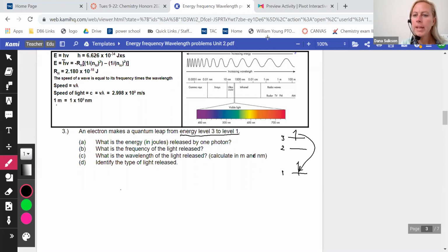I want to stop really briefly right here and notice how I wrote out that there's a bigger gap between 1 and 2. And I didn't do that by mistake. I did that on purpose. There is typically a bigger energy level jump between energy level 1 and 2. As you go further outward, the energy levels come together smaller and smaller.